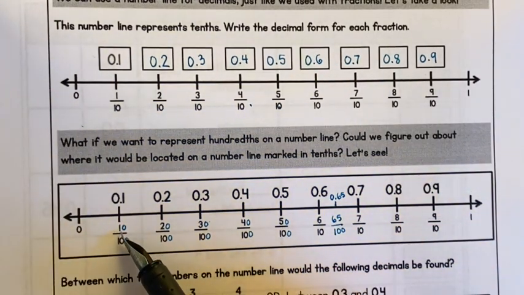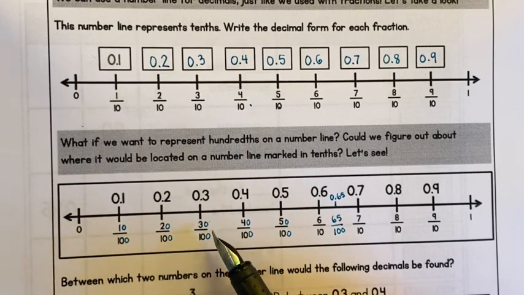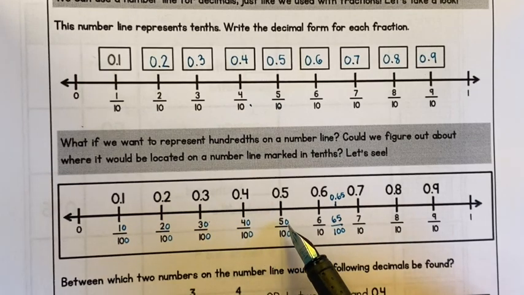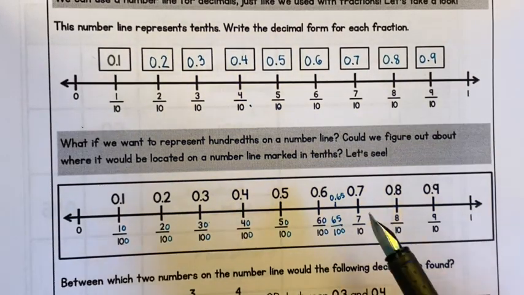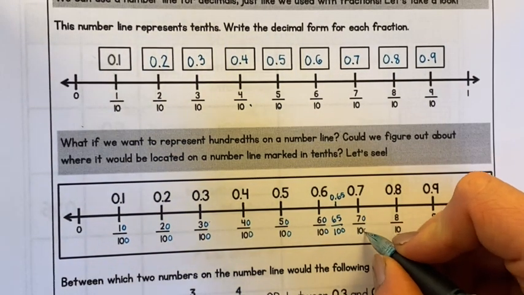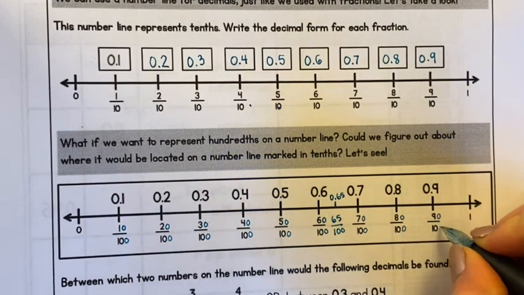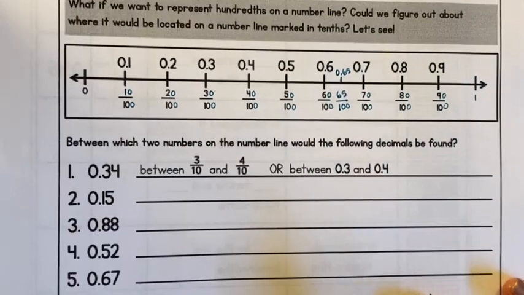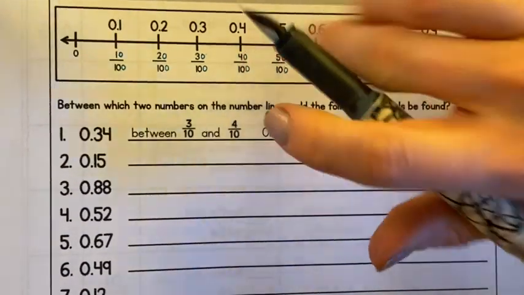So a tenth is 10 hundredths. 2 tenths is 20 hundredths. 3 tenths is 30 hundredths. 4 tenths is 40 hundredths. 5 tenths is 50 hundredths. 6 tenths is 60 hundredths. 7 tenths is 70 hundredths. 8 tenths is 80 hundredths. 9 tenths is 90 hundredths. Now it's asking us to go through, and again, these are just different ways of writing the same thing. Now you could take those zeros off and we could be 4 tenths again, and that would be great.